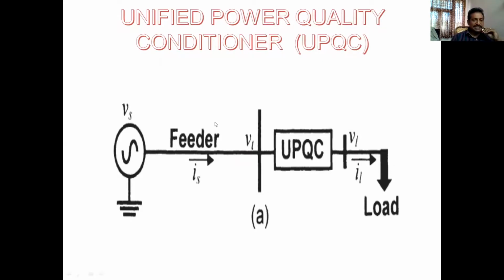Remember, unified power quality conditioners are applicable where both source and load are unbalanced and distorted. For example, assume that the source voltage Vs is both unbalanced and distorted. Also, the load current IL is unbalanced and distorted.